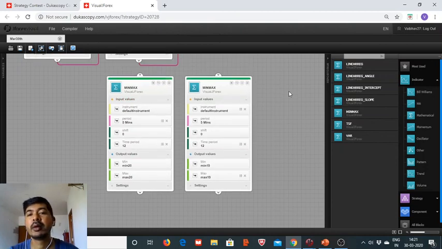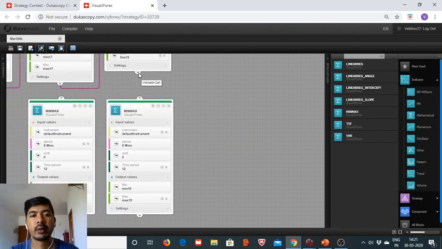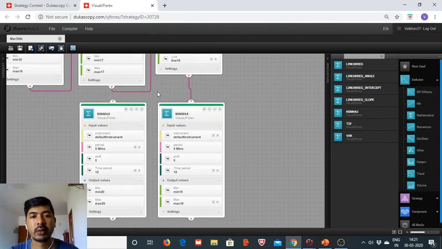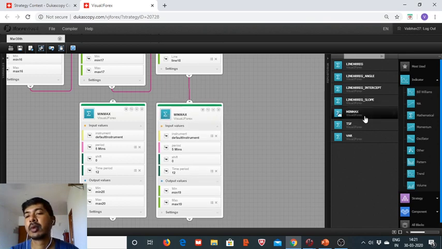And we will need further MinMax blocks, 2 more. Let us bring 2 more.